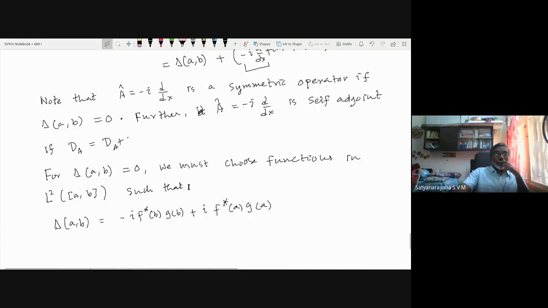So such that if I choose f of a equal to f of b equal to 0, suppose I choose something like this, then I can say this will be equal to 0. If I choose functions like that, then I can make that equal to 0.